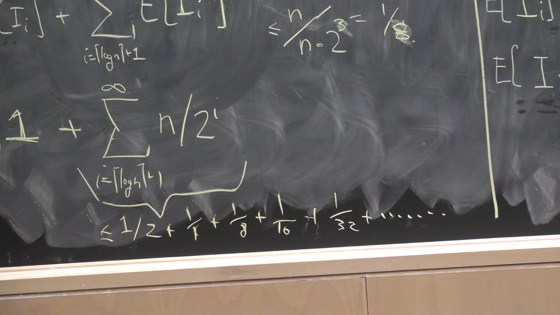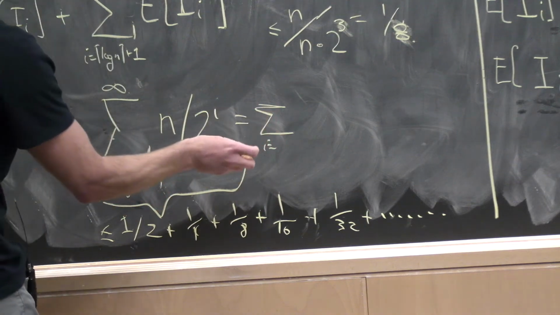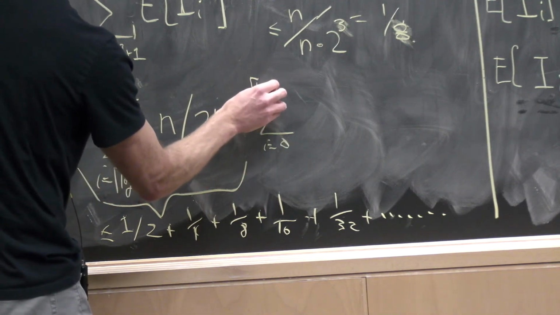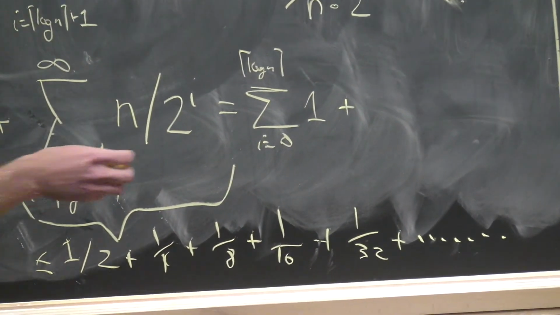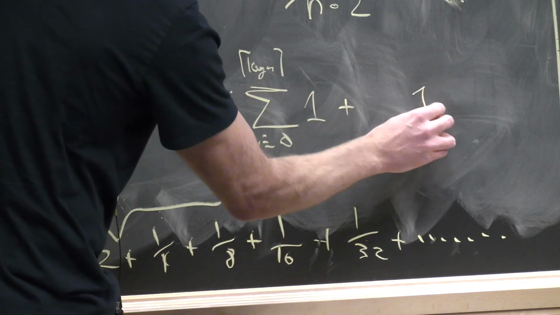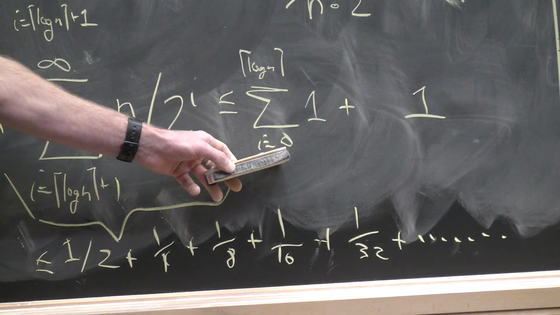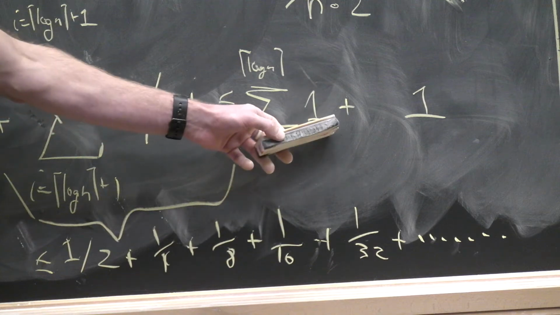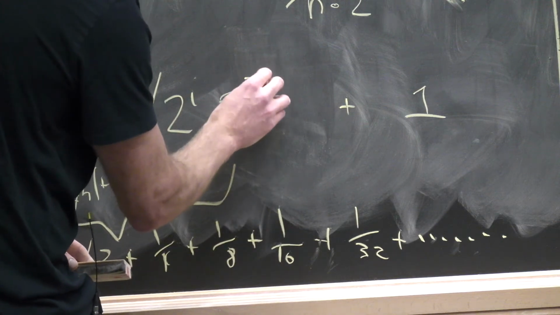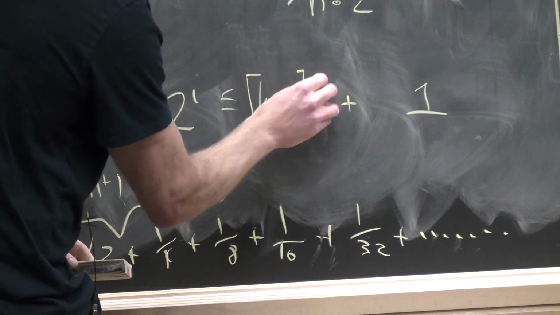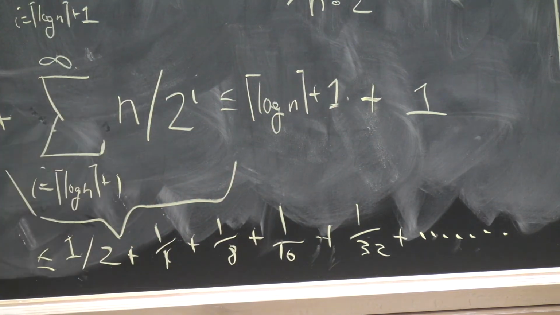So let's write this down again. The sum i equals 0 to ceiling of log n of 1, plus this whole second part here we said is less than or equal to 1. This first part is just log n things, this is log n times 1, right? Or log n plus 1. So this is ceiling of log n plus 1, plus the 1 from over here.